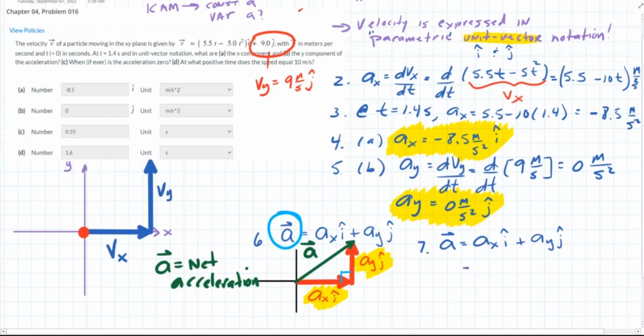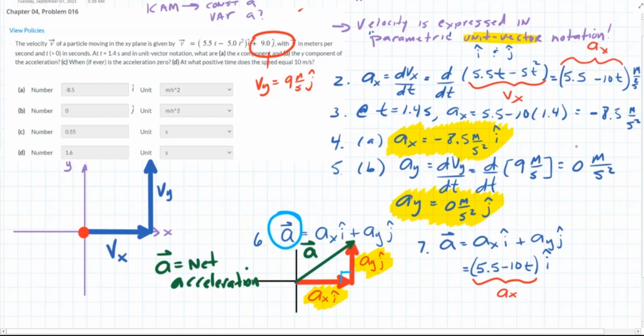And now let's get super specific. What's the X component of acceleration? The X component of acceleration is, as I worked out before, 5.5 minus 10t I hat. Where did this number come from? Because this is A sub X, and this A sub X came from right here. This was A sub X.